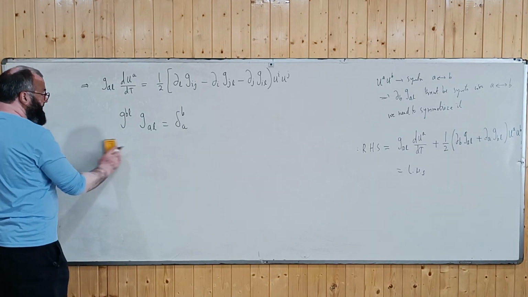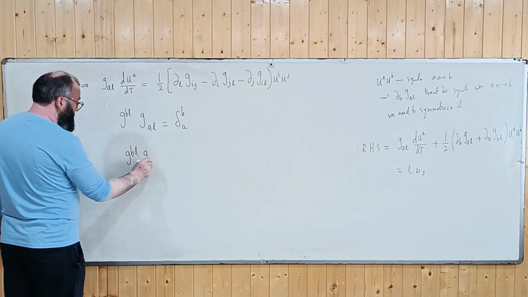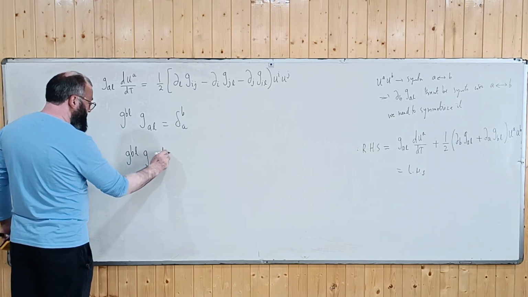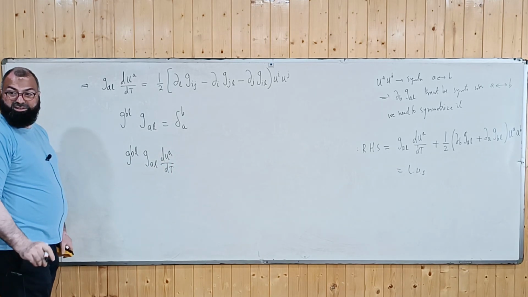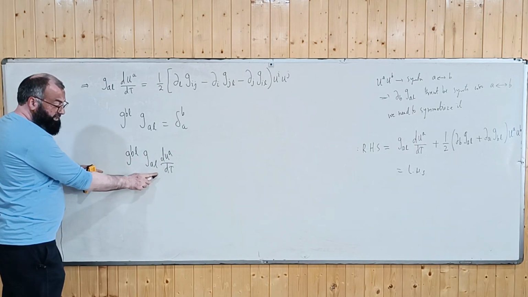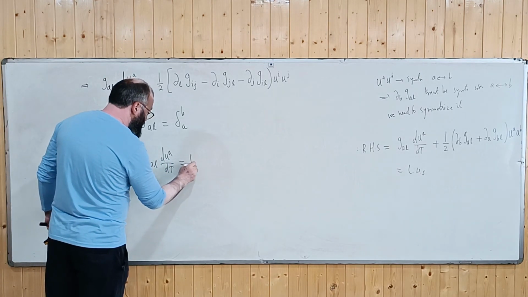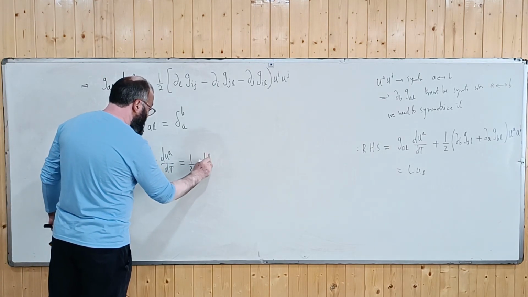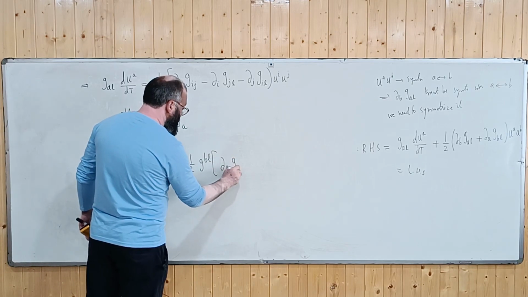So you now have G^{BL} G_{AL} dU^A by d tau. Okay, does it make sense now? So A is contracted, L is contracted. So that's equal to half of G^{BL}. Then you have partial_L G_{ij}.